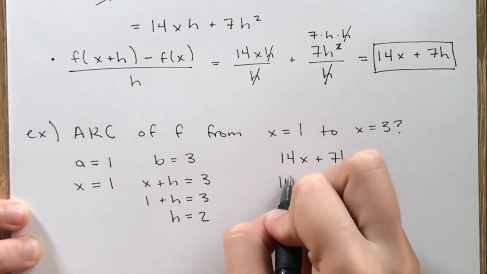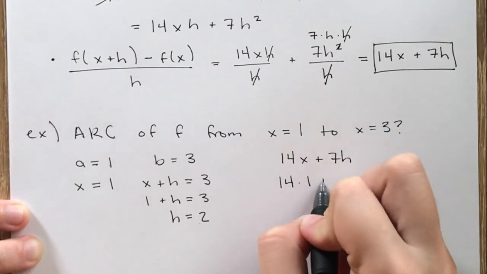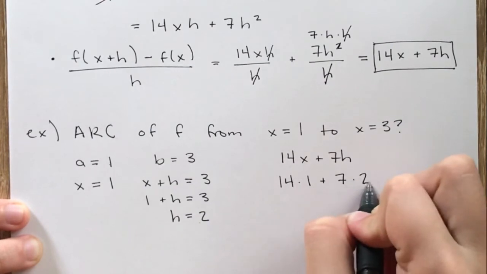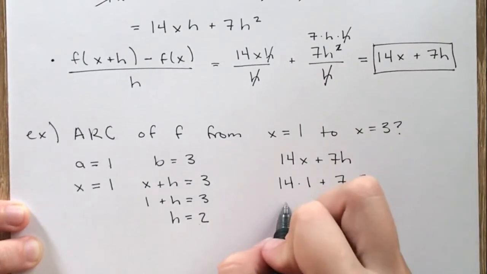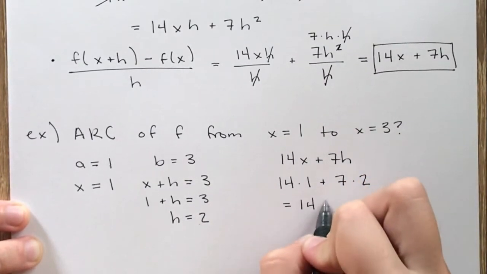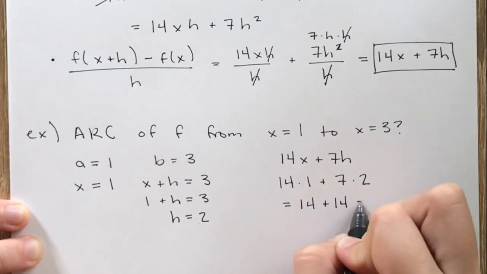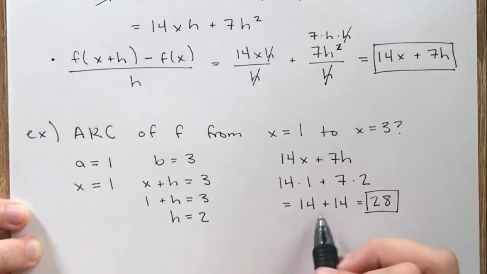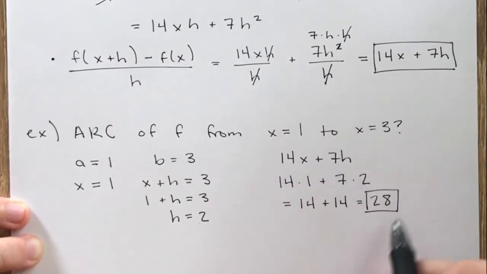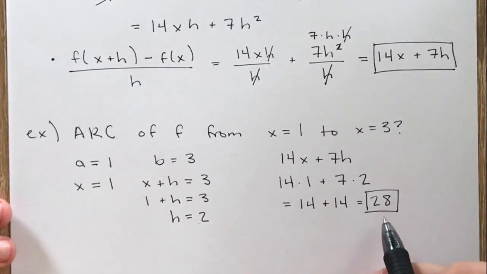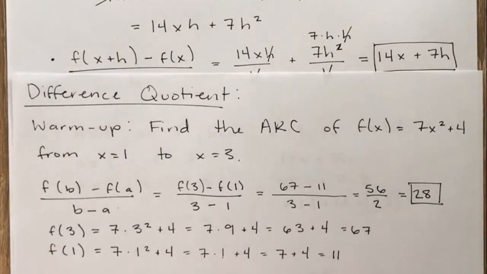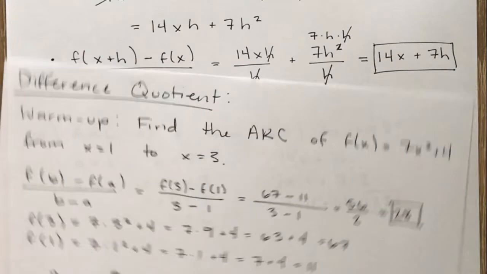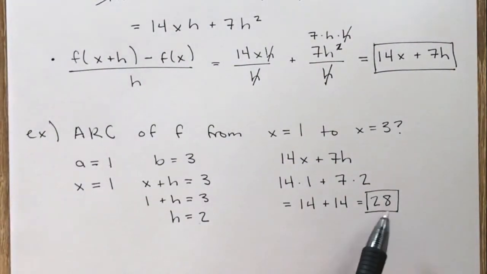So we have 14 times 1 plus 7 times 2, which gives me 14 plus 14, which is 28. And now this is a lot faster than having to calculate all of this stuff, right? So this is very helpful for us.